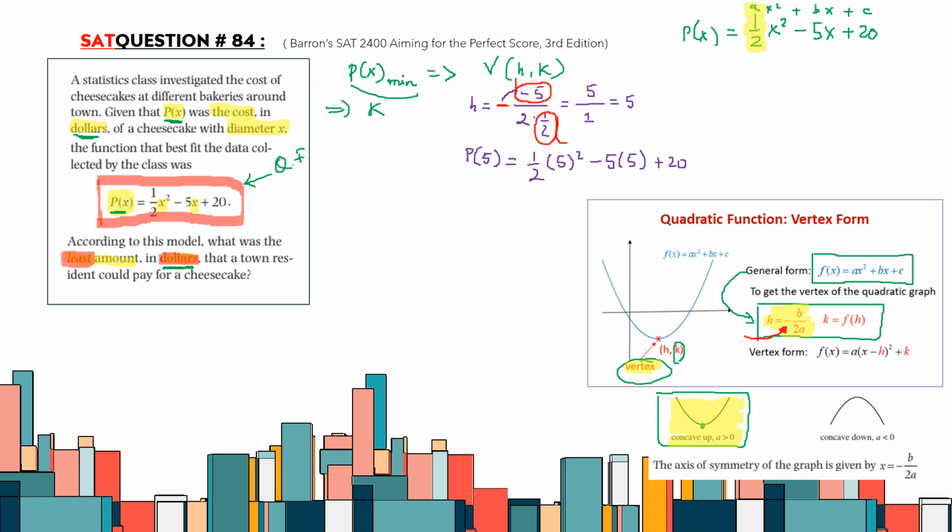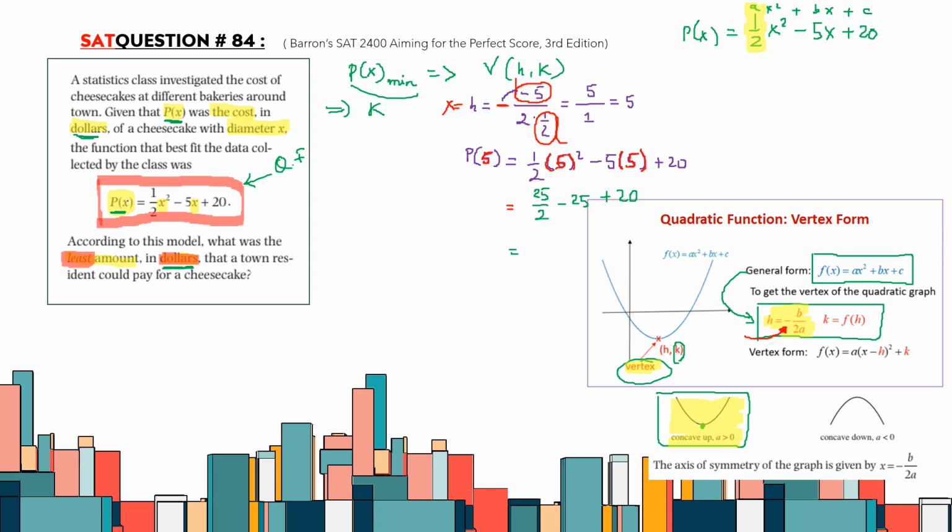I always put x inside parentheses so that I can track what I plug in and make sure I don't forget anything, because h is the x value. 5 squared is 25, over 2, minus 25 plus 20.